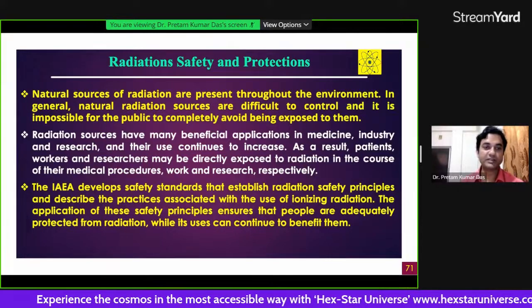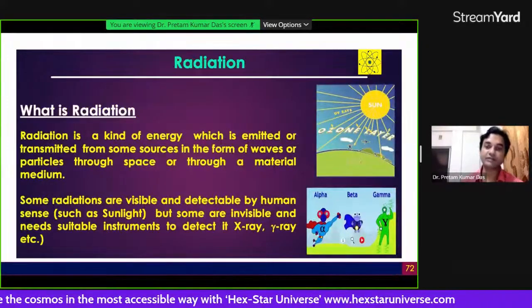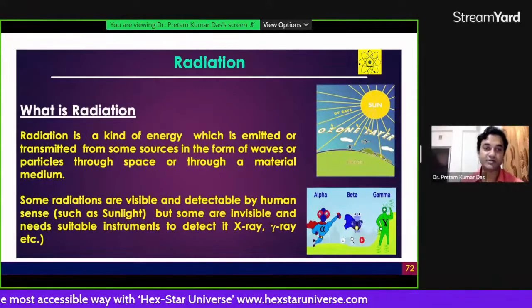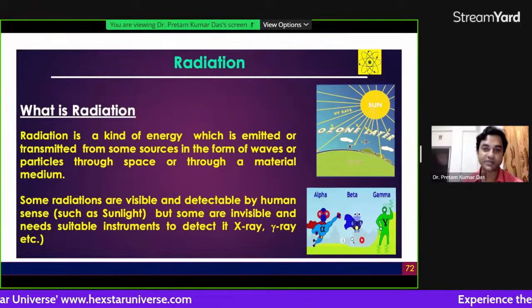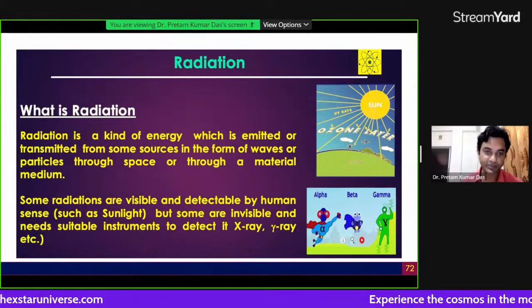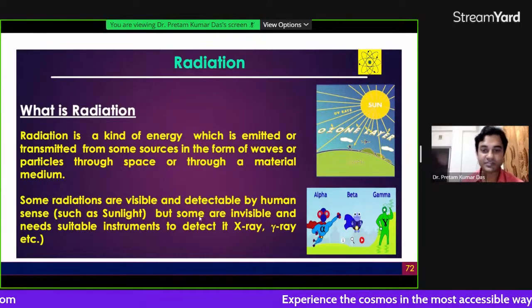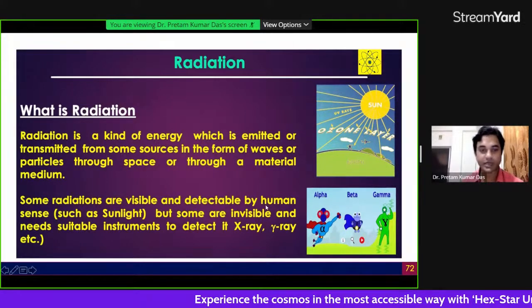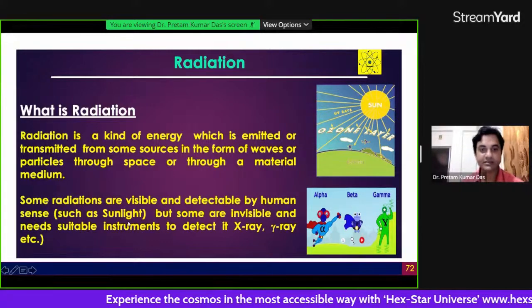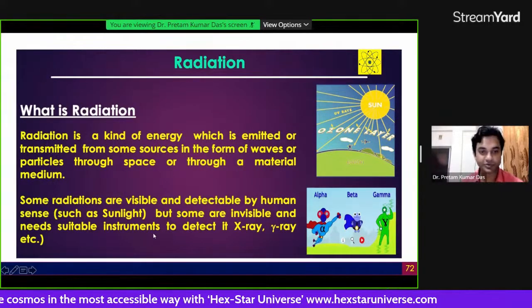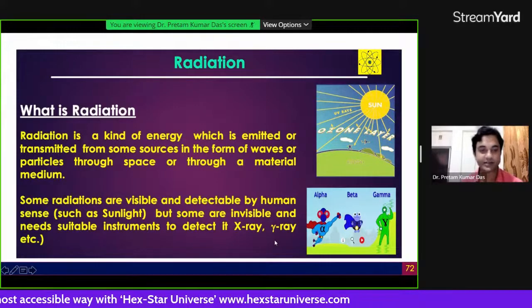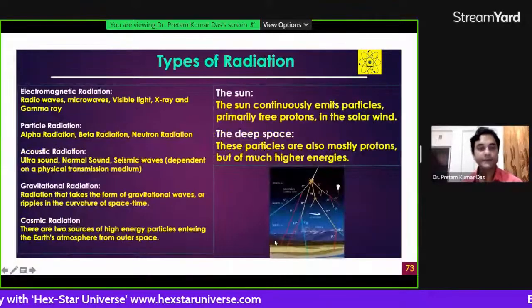So what is radiation? Radiation is a kind of energy emitted or transmitted from some source in the form of waves or particles through space or through a material medium. Some radiation is visible and detectable by human senses, such as sunlight, but some is invisible and needs a suitable instrument to detect, like X-ray, gamma ray, or others.